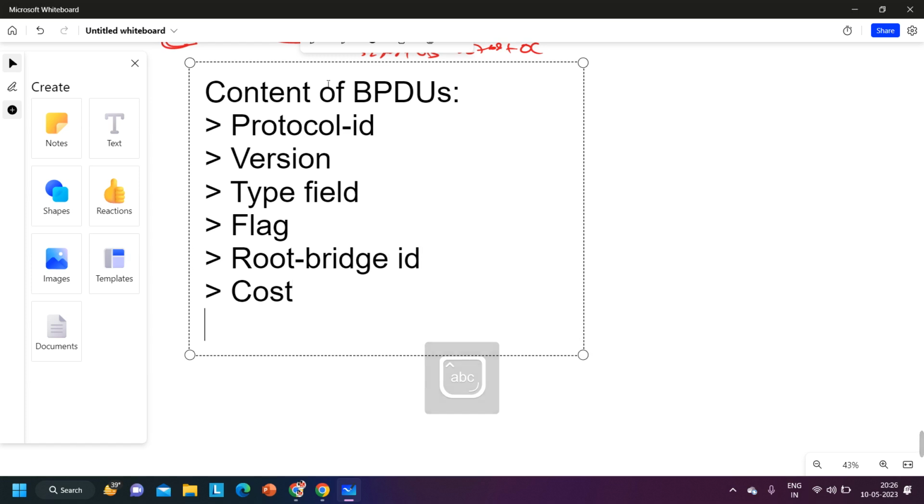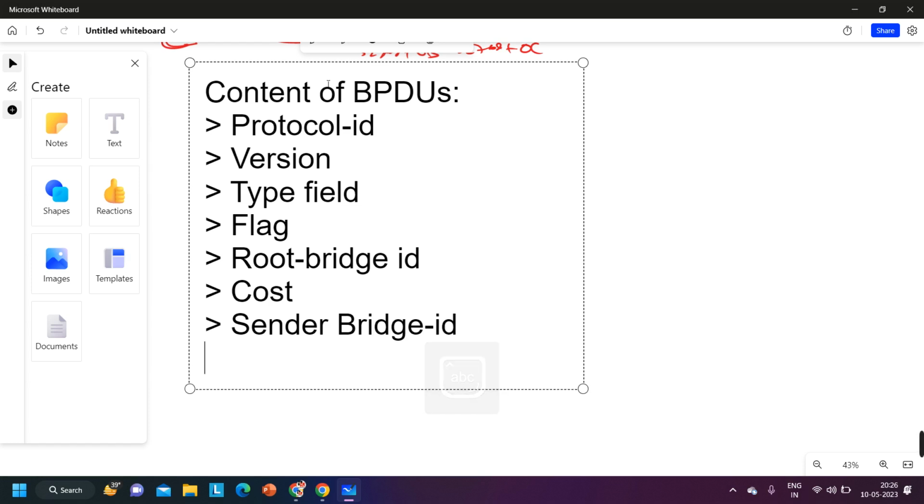Then the sender bridge ID, or you can say designated bridge ID. Sender bridge ID. Then sender port ID. Sender port ID will be there inside the BPDU, guys.